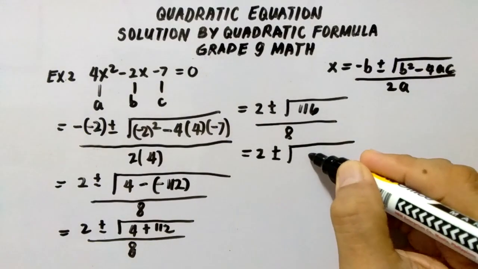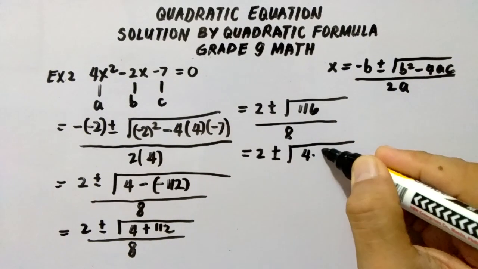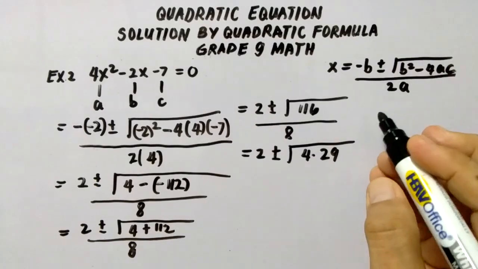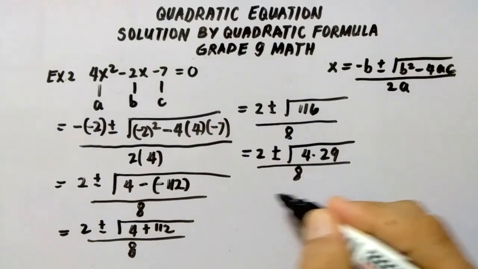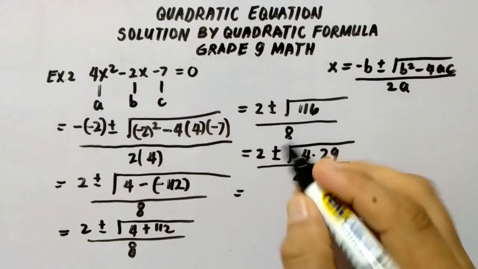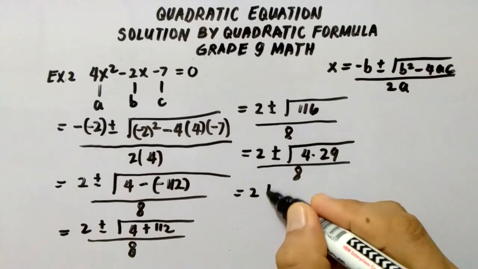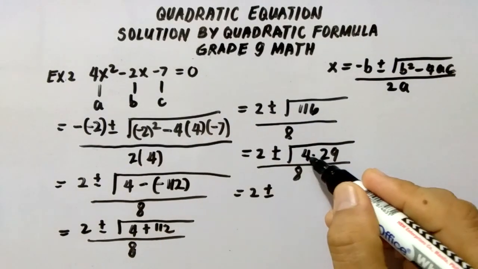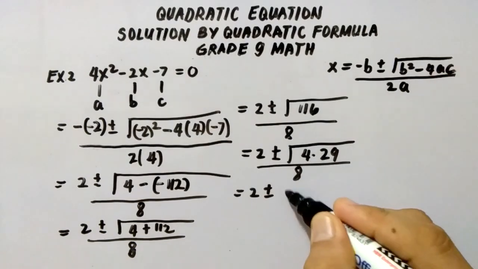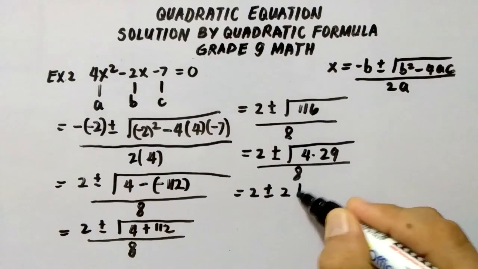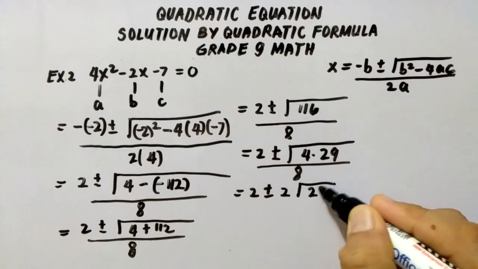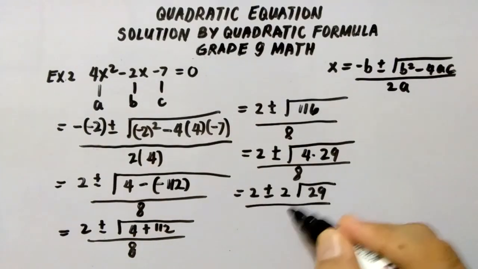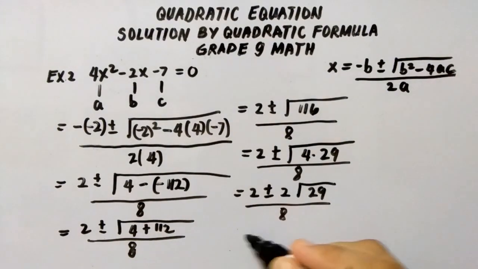So, ang factors po niyan is 4 times 29 over 8. Then equals 2, positive, negative. Okay, so kunin po natin ang square root ng 4. So, we have 2. Then, square root. Ang matitira na lang po sa loob ng square root is 29 over 8.